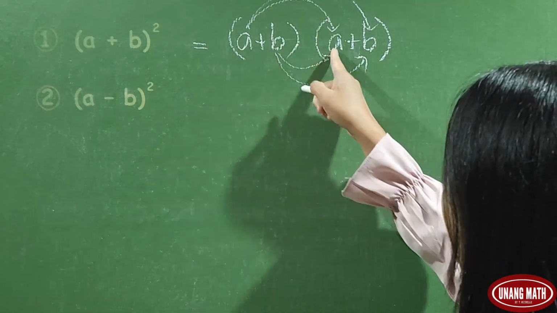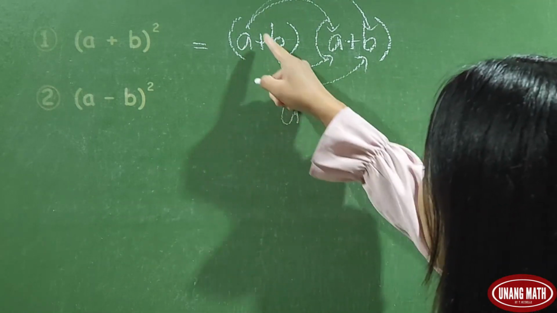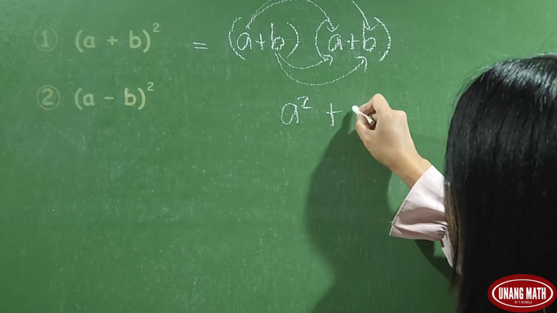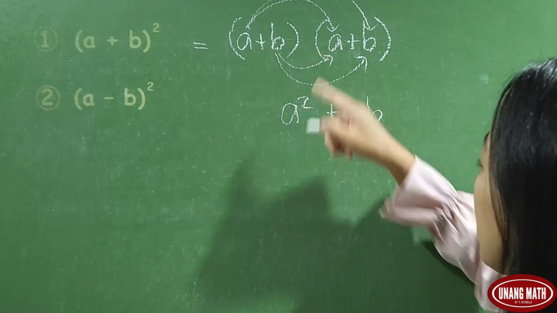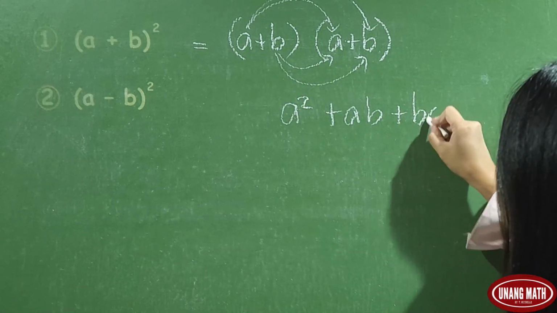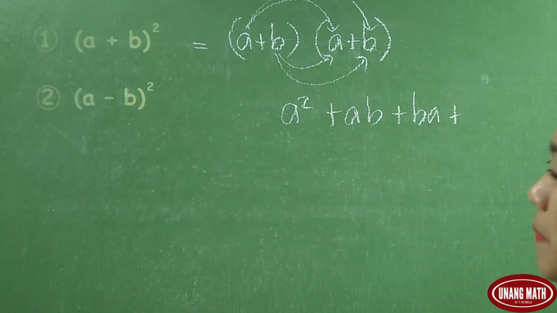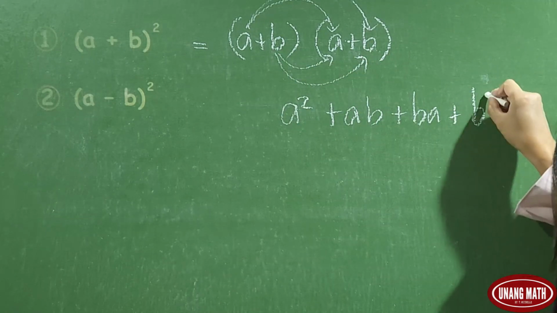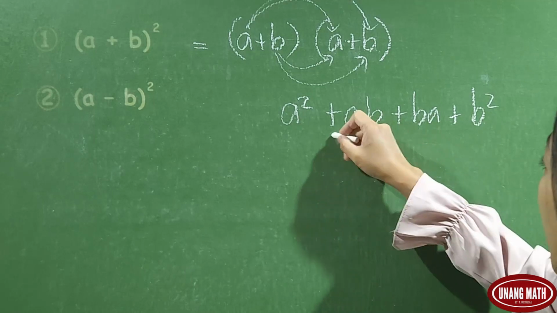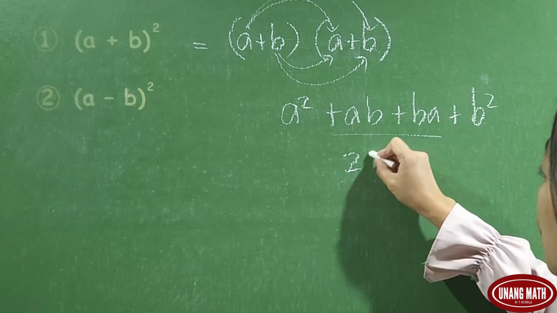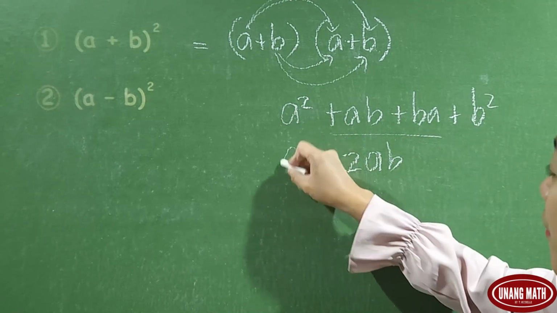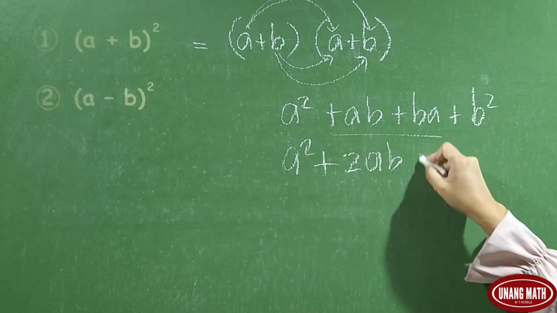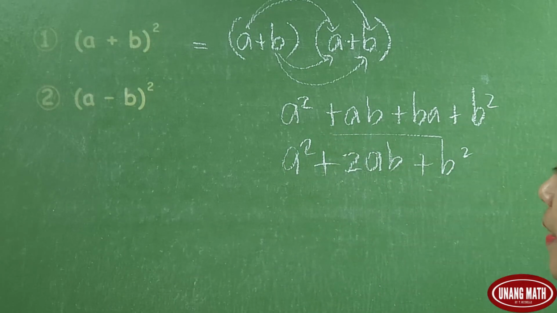So this is a times a, that would be a squared. A times b is ab, so plus ab. B times a is ba, so plus ba, plus b times b is b squared, so plus b squared. ab and ba are like terms, so this is 2ab. So we have here a squared plus 2ab plus b squared.